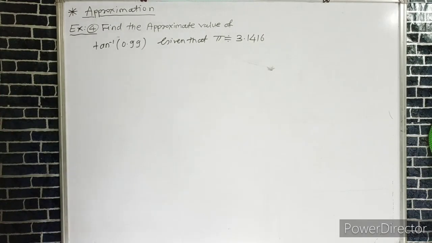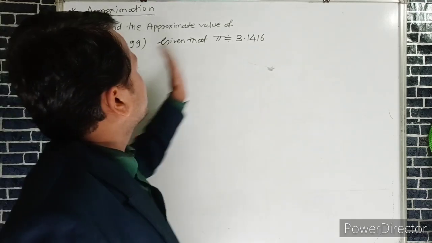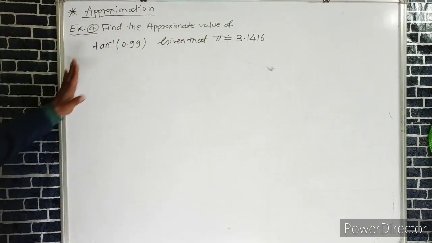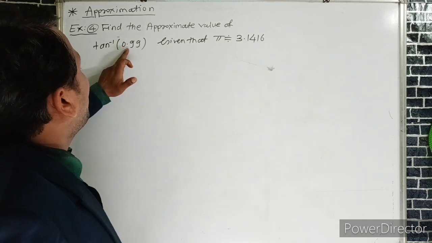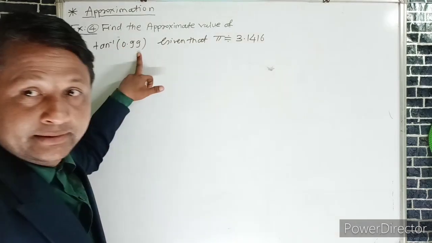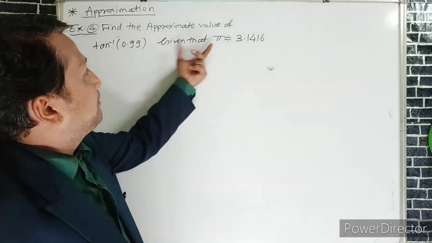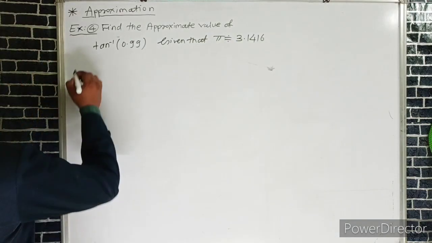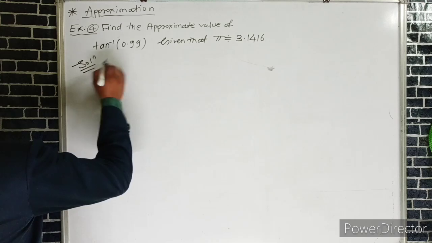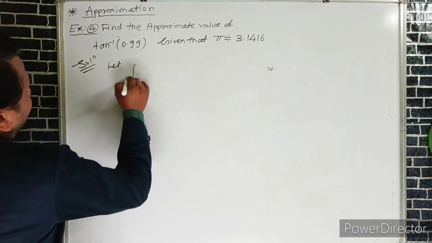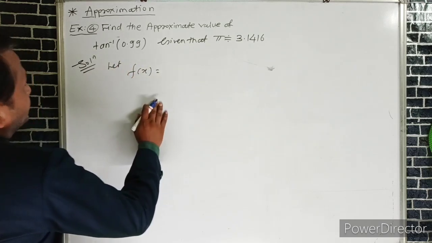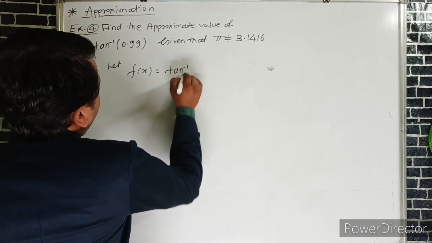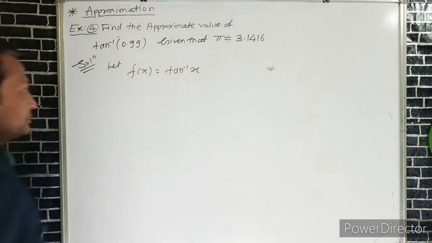So the next example, which is example number 4: find the approximate value of tan inverse of 0.99. Here it is given that pi is approximately 3.1416. Let the function f of x be equal to tan inverse of x.